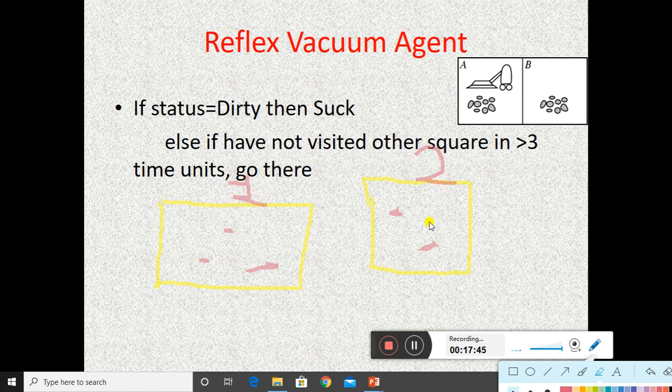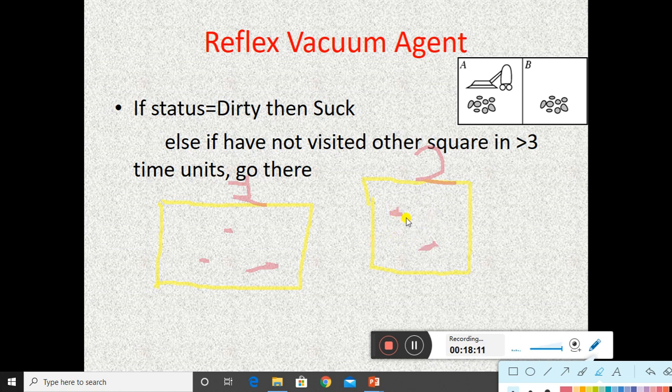Go to box number 2 and clean this particular square twice, as dirt then suck if have not visited other square in greater than 3. Like, the vacuum cleaner had to clean this box number 2 for 3 times, sorry.